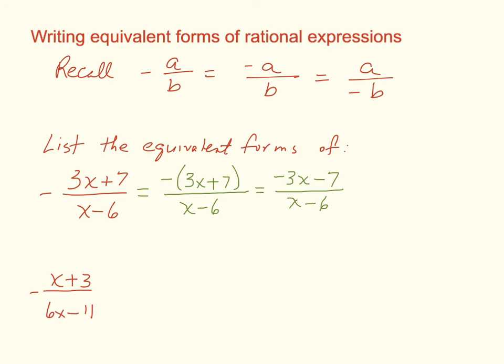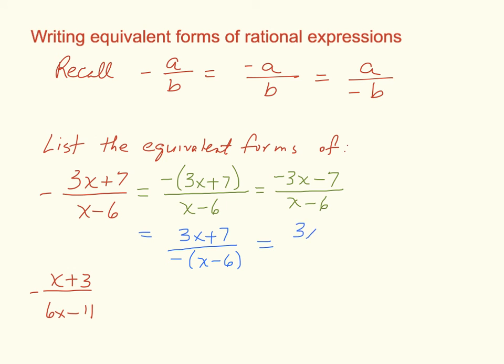Or I can take the negative sign and put it with the denominator. I can write 3x plus 7, but change the negative sign to go with the denominator, x minus 6. But because they're married, I have to put the parentheses.